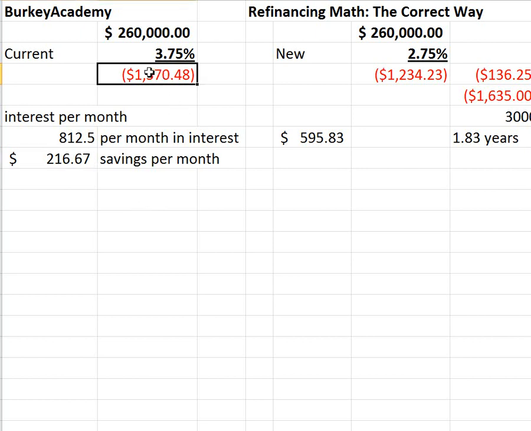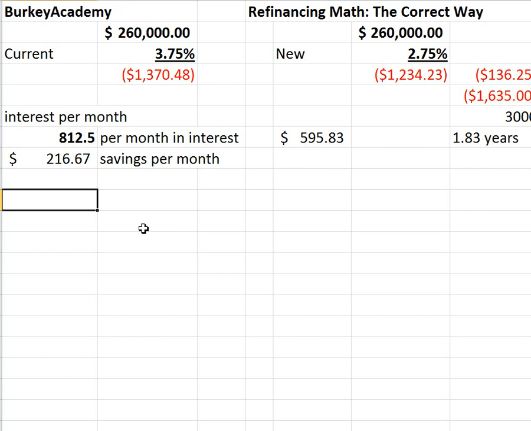When you look at this amount that you're paying, $1,370.48 a month, let's break that payment down into the two parts. How much is going to pay principal and how much is going to pay interest? Well, if we take the $1,370, remember, is our payment. This is the amount we pay in interest every month currently. Let's look at the difference.